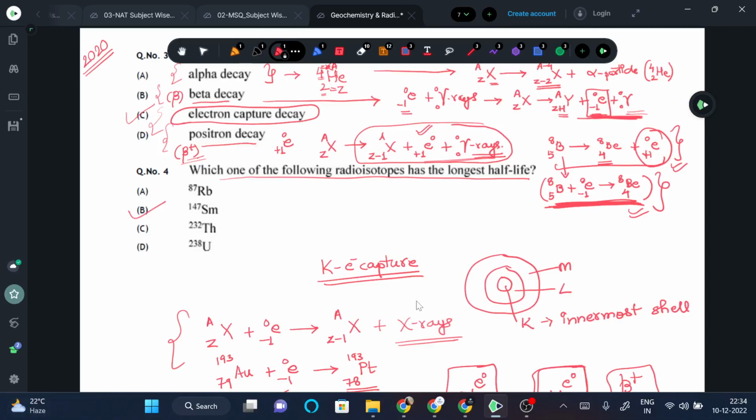I will provide some materials on this for individual systems: in what applications these individual radioisotopes are used, and what the values of their individual half-lives are. I will also upload some materials on this because this will help you out. In some questions, they have asked the applications of some of these.